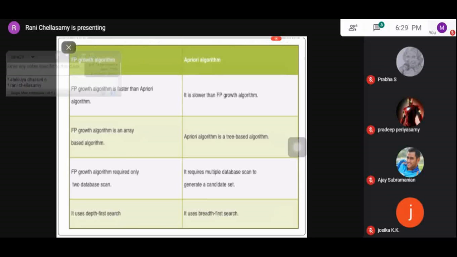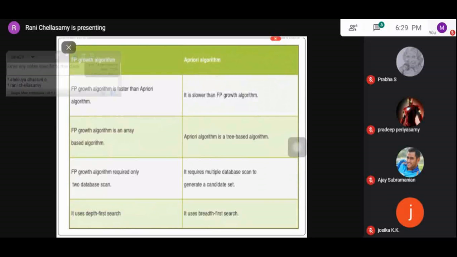Adding some more points: the Apriori algorithm is slower than the FP growth algorithm, whereas FP growth is faster in generating the frequent item sets. FP growth is an array based algorithm, and Apriori is a tree based algorithm. FP growth requires only two database scans, whereas Apriori requires multiple database scans to generate the candidate set.